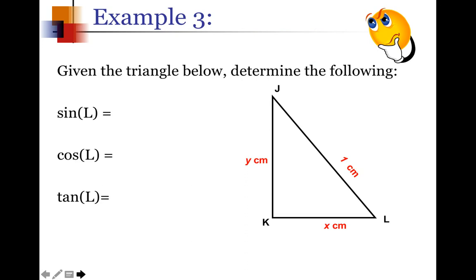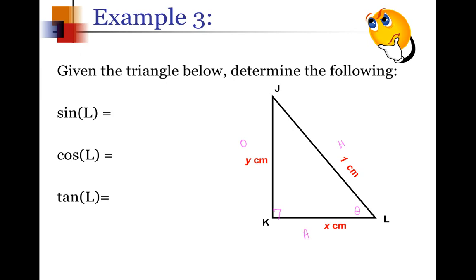All right. Ooh, what about this? Oh, this is interesting. Given the triangle below, determine the following: the sine, the cosine, and the tangent. Let's see. Oh, we're just going to have to do some ratios, I guess. So it looks like L is our reference. So this is opposite, this is the hypotenuse, and this is the adjacent.